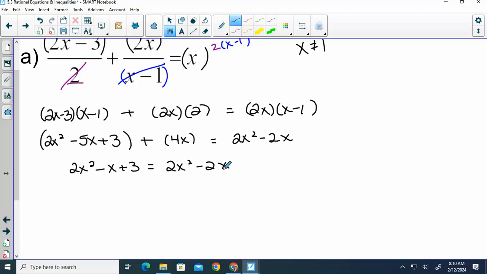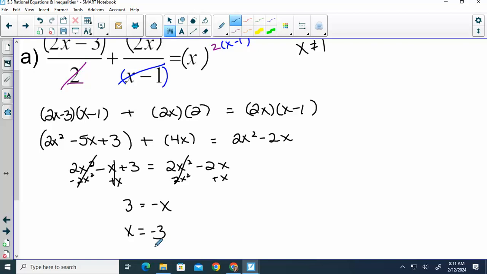We always try to set quadratics equal to 0. If I subtract over my 2x squared, what happens? Let's cancel. Okay, so then if I just add over my x, divide, and x is negative 3 plus.